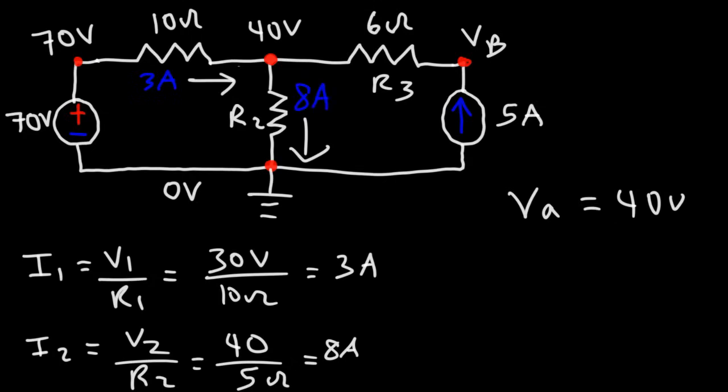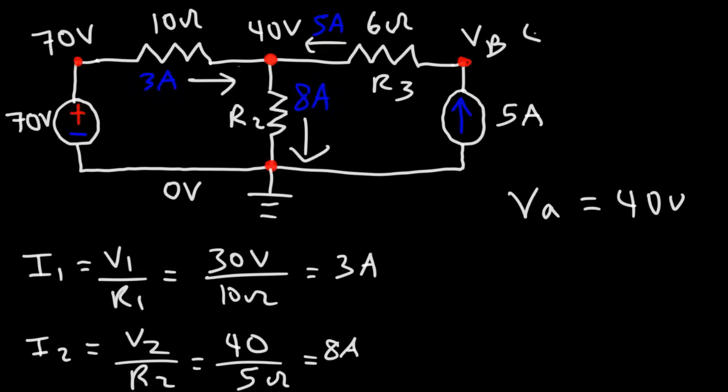Now we already know the current flowing through R3. That's going to be this current, which is 5 amps. As we can see, this answer makes sense. We have 3 amps flowing from the left, 5 from the right, and that's going to add up to 8, which is consistent with Kirchhoff's current law.